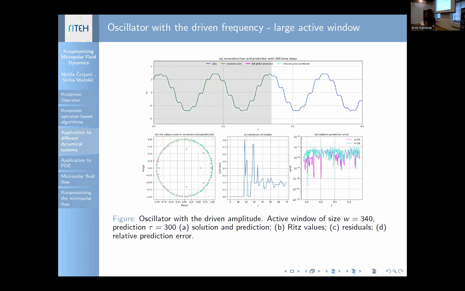And if we take a larger active window that captures all the main changes of this dynamical system, then the eigenvalues will be evaluated correctly and lie on the unit circle, eventually inside it. Prediction is very good, and the reconstruction and the prediction are obtained with high accuracy.